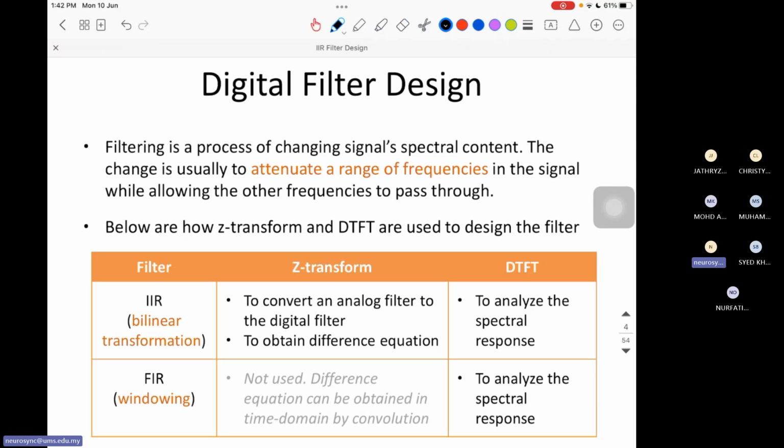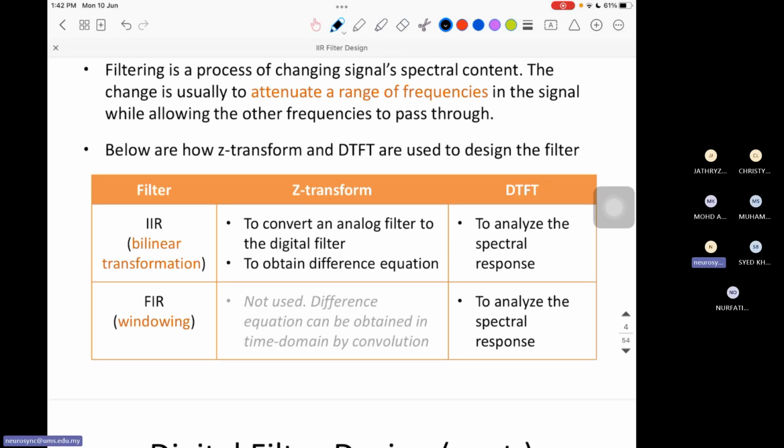Okay, so filtering is a process of changing signal spectrum content. So we will be changing the sequence into some other, more desirable sequence. Now, if we see here, we will be having IIR and FIR filters.